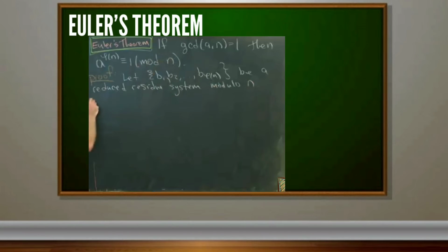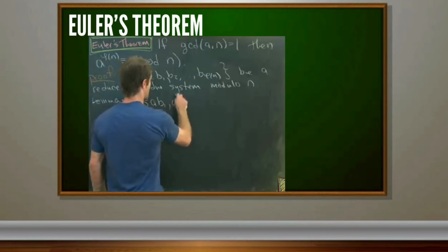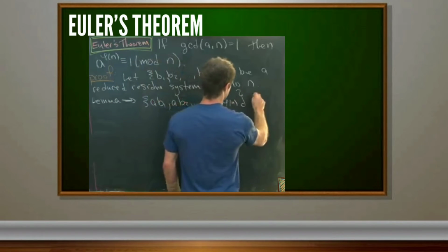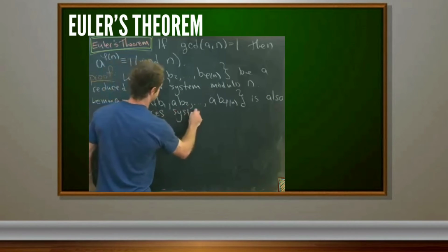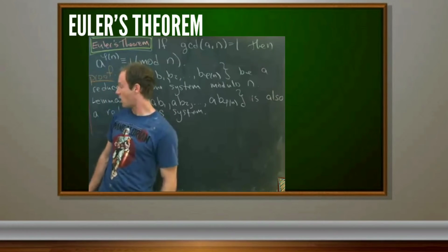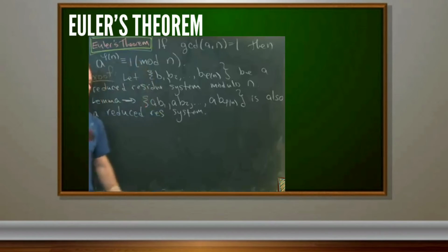And then our lemma implies that we have another reduced residue system modulo n, and that is given by a b1, a b2, all the way up to a b phi n. But let's recall what a reduced residue system is. It's a list of all possible residues modulo n that are relatively prime to n.